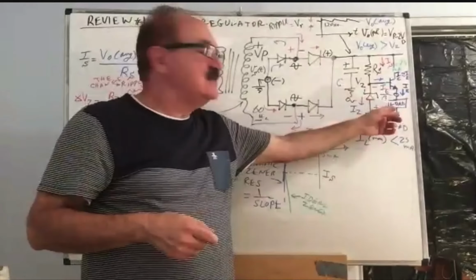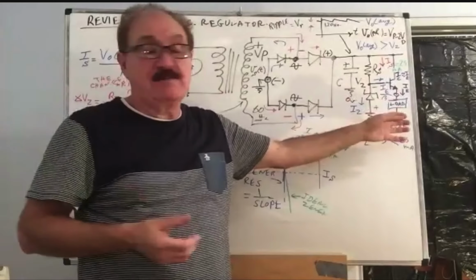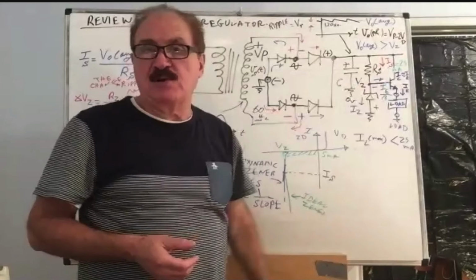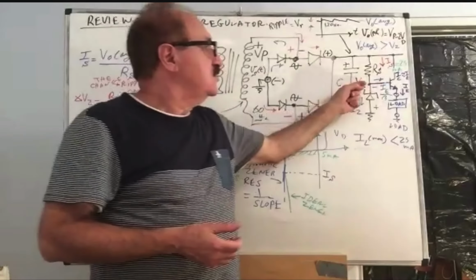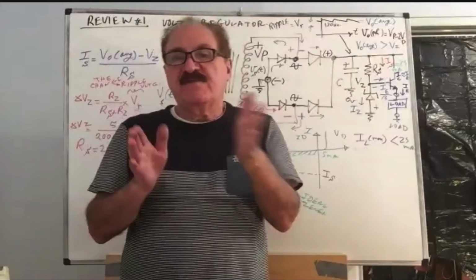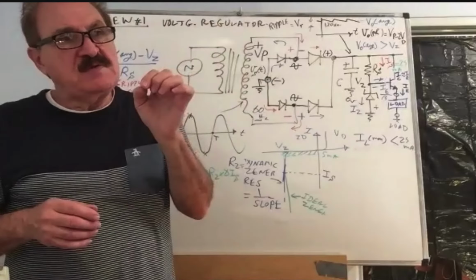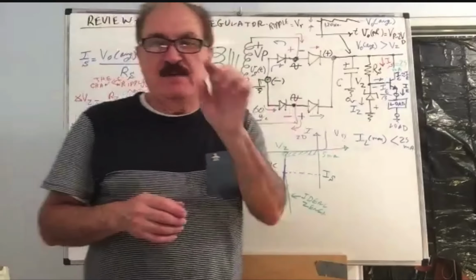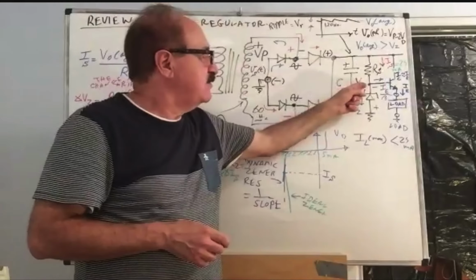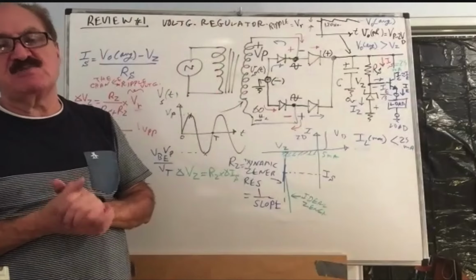So say you go from a 5 milliamp load to a 105 milliamp load current. The base will change by 1 milliamp from its initial value, maybe from 0.05 to 1.05. And that change should be multiplied by the Zener resistance, which will be really, really small.